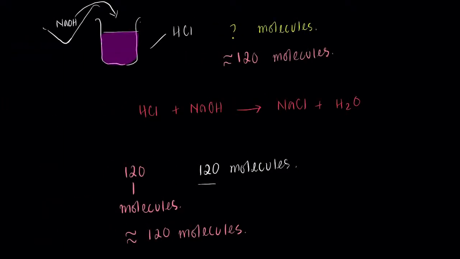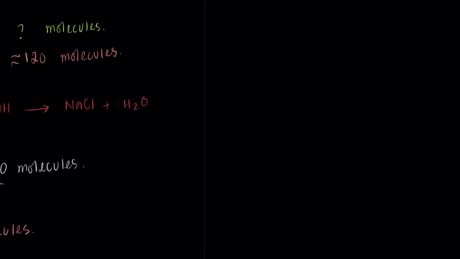Okay, so let's see how this works. Let me show you a real titration, and we'll also answer why we're choosing 120 rather than 119. I think Arisha probably still has that question. I have a beaker of hydrochloric acid.